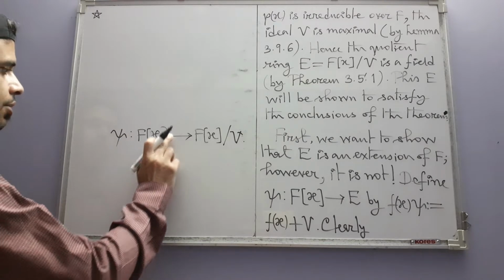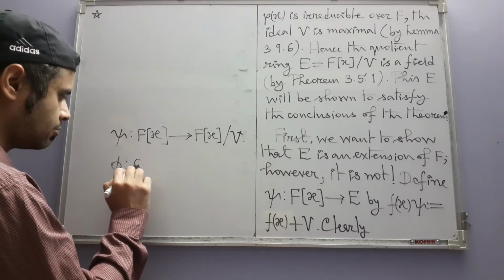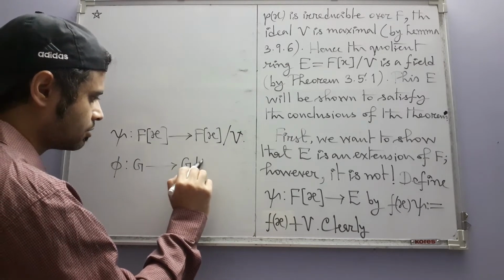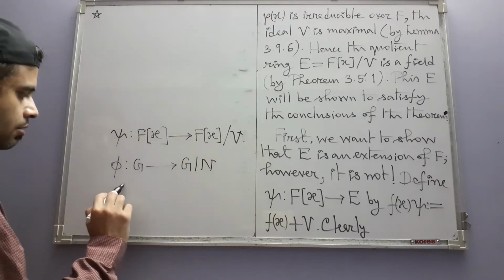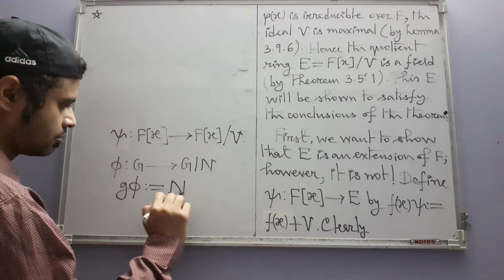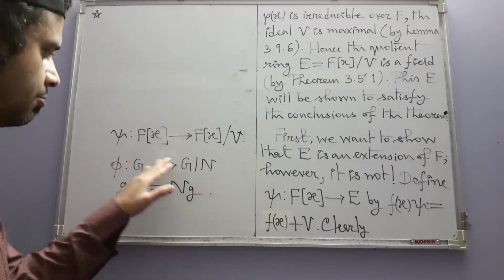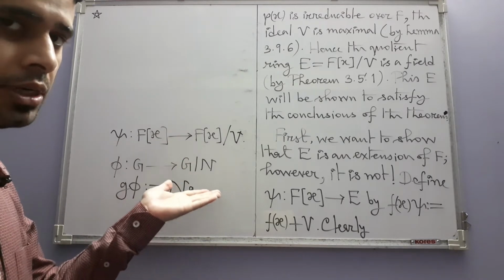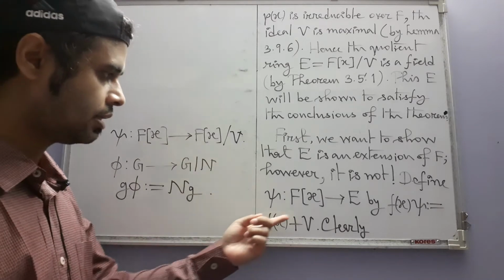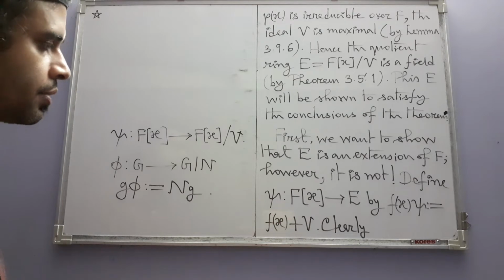If you have, in place of this ring, a group and a normal subgroup of the group, you can find this natural group homomorphism from G onto the quotient, and it turns out to be a surjective homomorphism. That same thing, its version in ring theory, is what we have here.